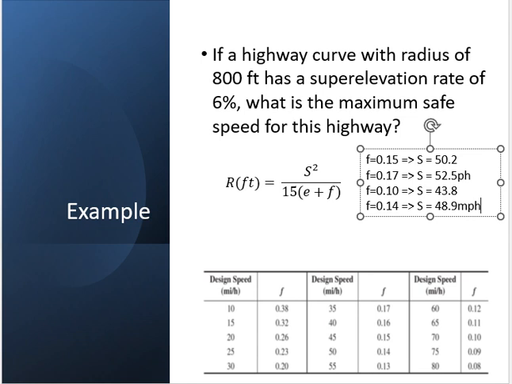So I will stop my assumptions and keep my speed the same as the equation, because the equation is more accurate and safer as well. Got it? Clear?